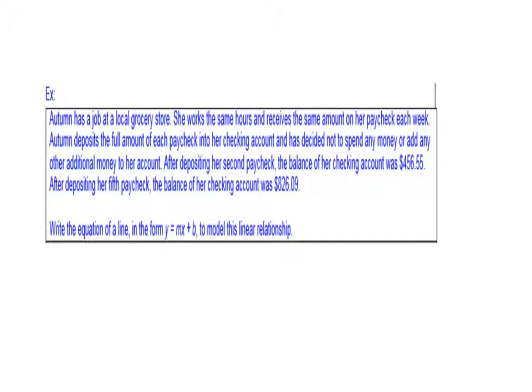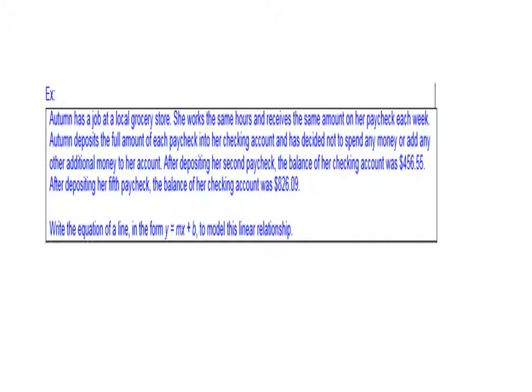After depositing her second paycheck, the balance of her checking account was $456.55. After depositing her fifth paycheck, the balance of her checking account was $826.09. So it asks us to write an equation of a line in the form of y equals mx plus b to model this relationship.